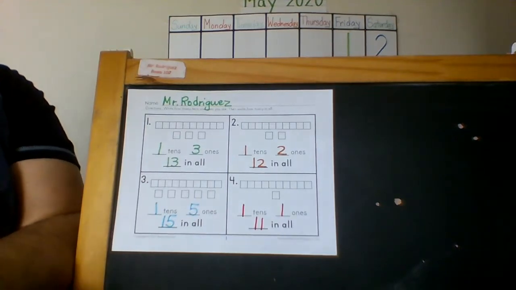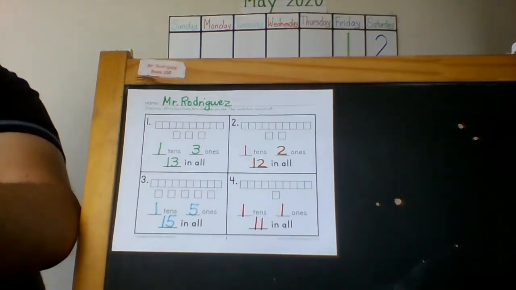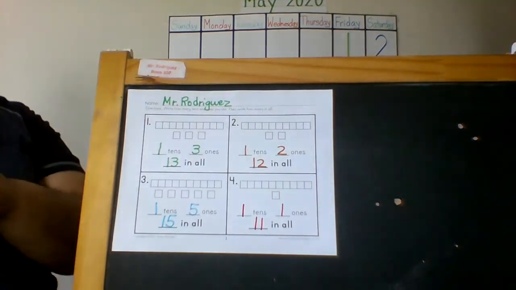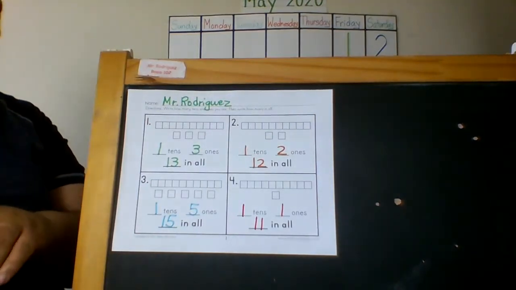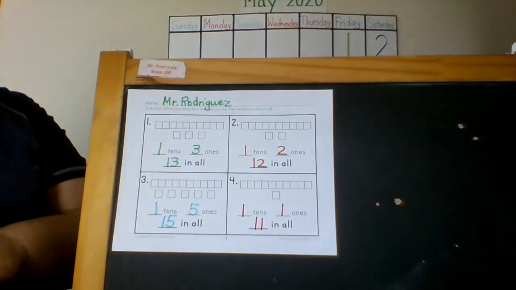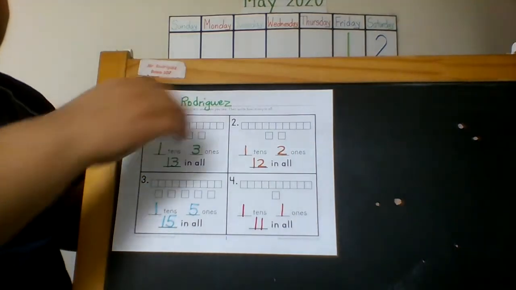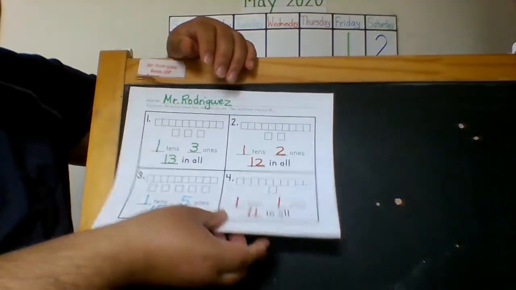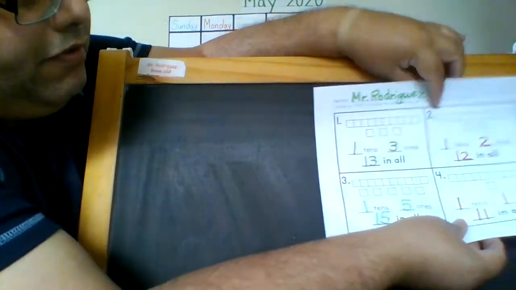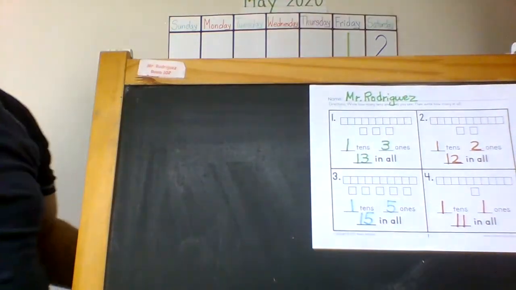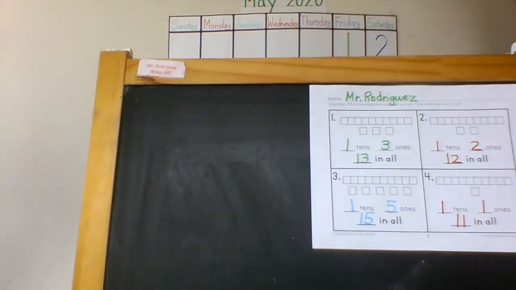Now, what I want to do is see if I can get you ready for the other one. I'm going to move my math over here and I'm going to do my CVC words.